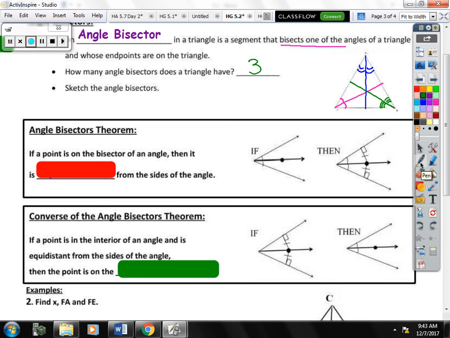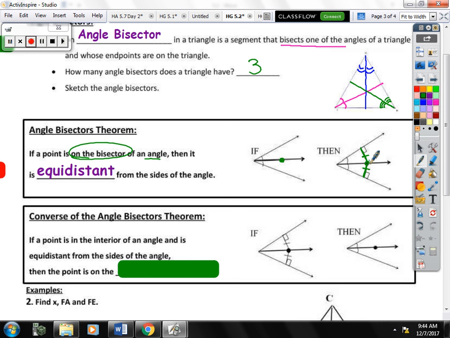Now we have our angle bisector theorem. It says, if a point is on the bisector of an angle, so if a point is on the angle bisector, then it has to be equidistant from the two sides. So then it has to be equal distances, you can see the markings, away from each side.